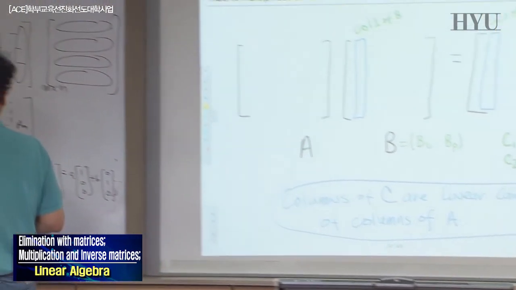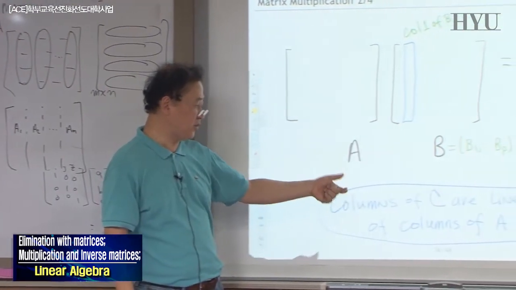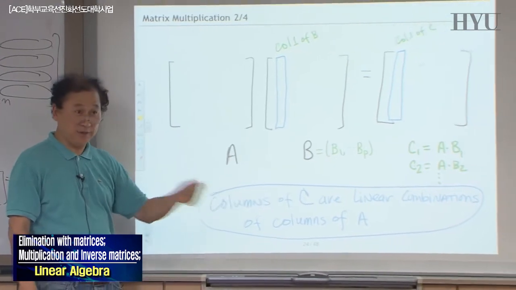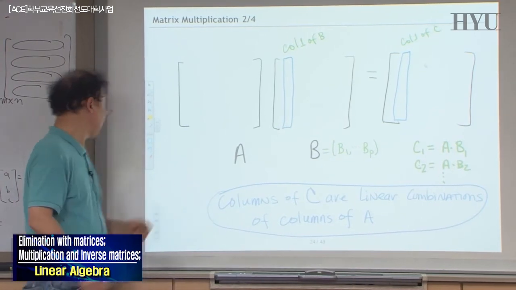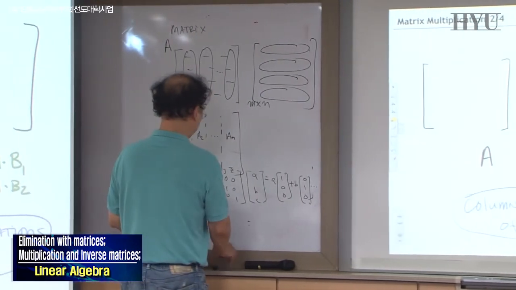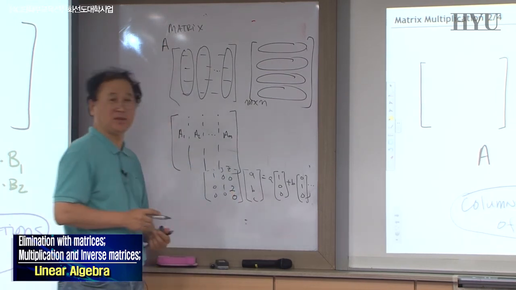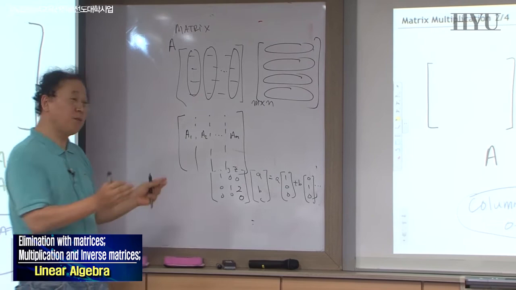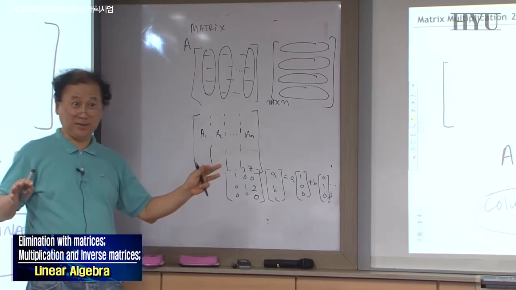Then why do I do these things? Here it says columns of C are linear combinations of columns of A, right? For example, when I say each vector here is a vector, but one of the vectors is not independent. When each vector is independent, they span the whole space.